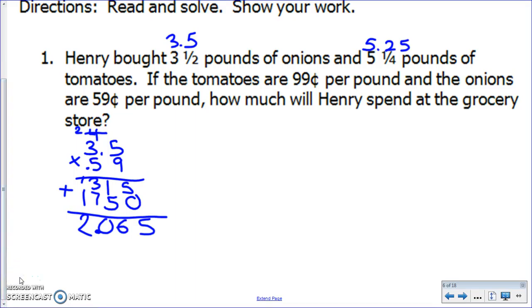Next, we're going to take the 5 1/4 pounds of tomatoes and multiply it by 0.99 because they're 99 cents per pound.